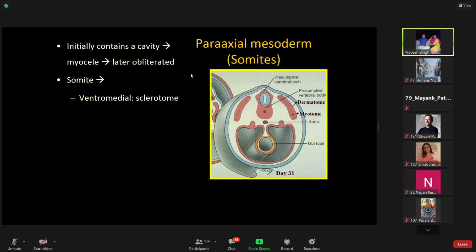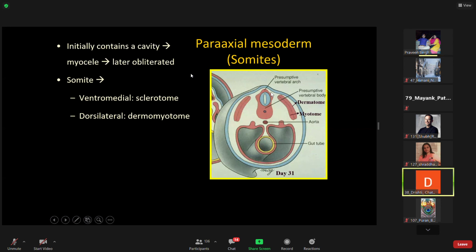Somites, if we see, there is a ventromedial sclerotome, dorsolateral dermatomyotome. ये याद रखना है. कैविटी बनती है, मायोसिल, कैविटी बाद में खत्म हो जाती है. तो ventromedial part जो है, it is called as sclerotome, which is this. It is surrounding the developing neural tube.